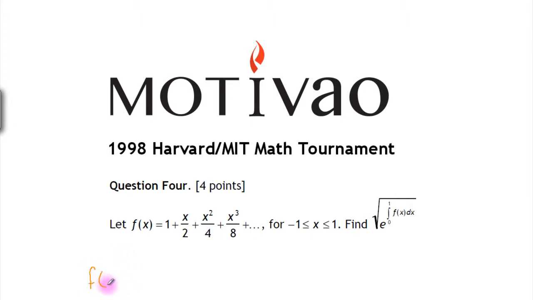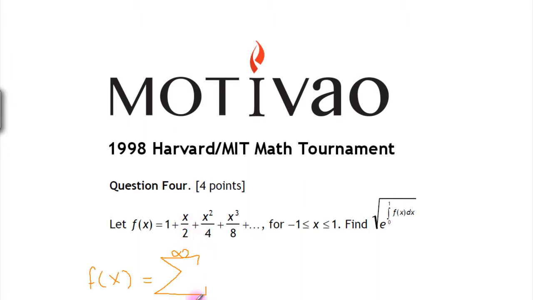F of x equals the sum. Well, clearly it is infinity. But where do we start k? Well, since the first term is 1, that tells me that x and 2 are elevated to the power 0.